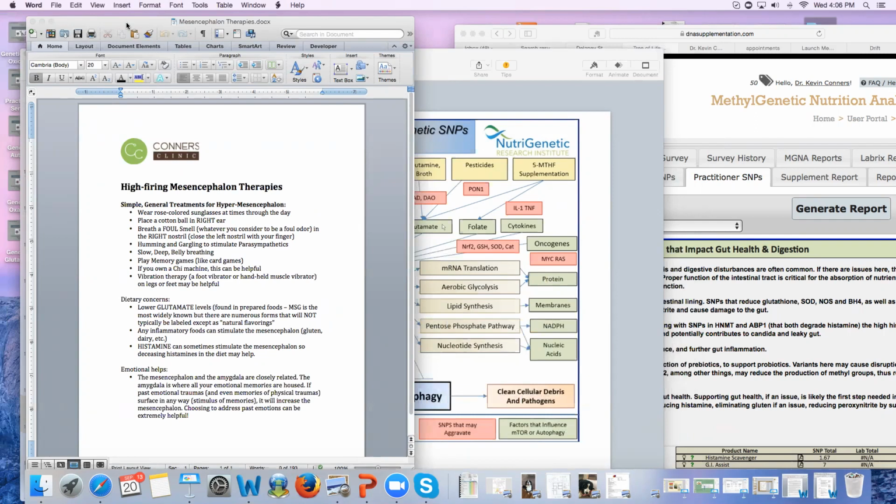So if you're a patient on this call and we tested you with the heart rate variability test, where we put that little thing on your chest and it measured your sympathetic versus parasympathetic balance, that's what we're discussing here.